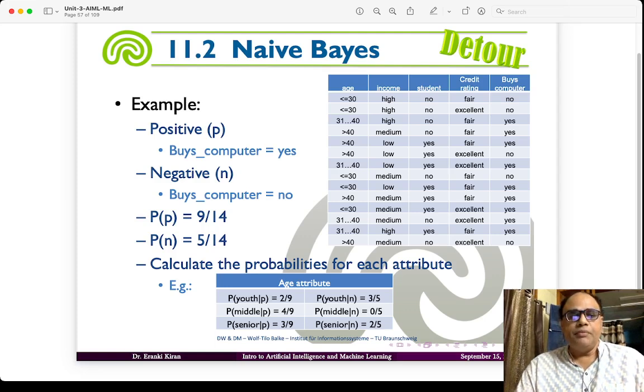So the probability of youth to yes, probability of middle to yes, probability of senior to yes. How many youth have said yes, how many middle have said yes, how many seniors have said yes. We take the count and then divide it by the total number of counts. That gives us a probability value. Similar case with nos also.